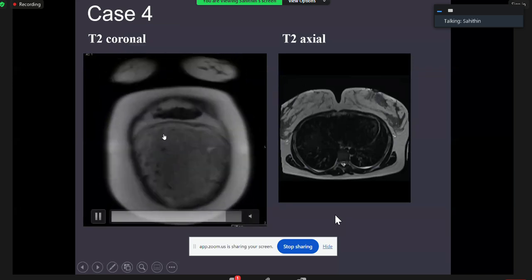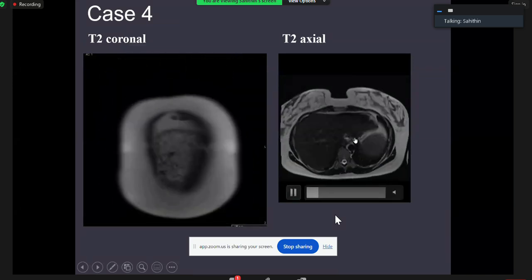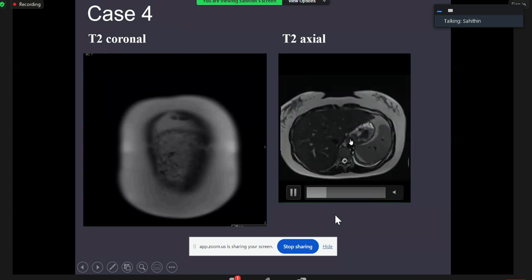Again, as you can see, a very gravid uterus, so very limited sequences.